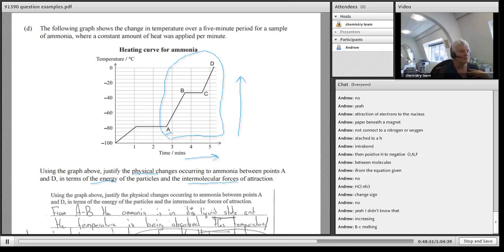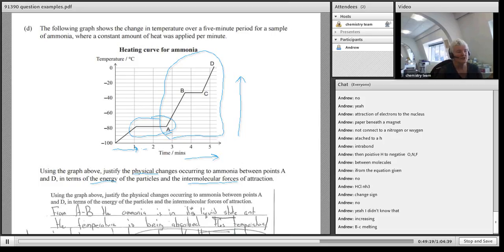Right, B to C, actually B to C is not melting. This bit over here is melting. Because what you've got is a solid that's still a solid, and the particles are vibrating more and more until they are vibrating enough to start breaking the intermolecular forces.